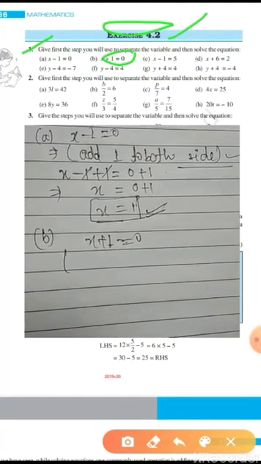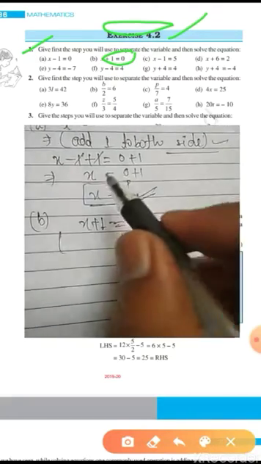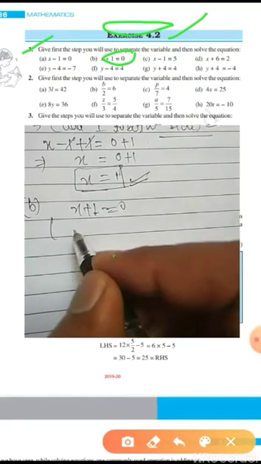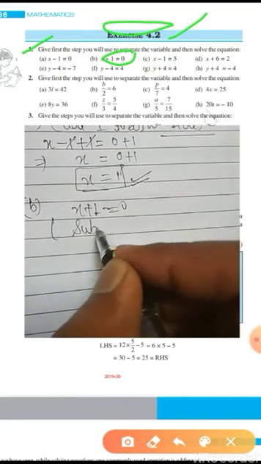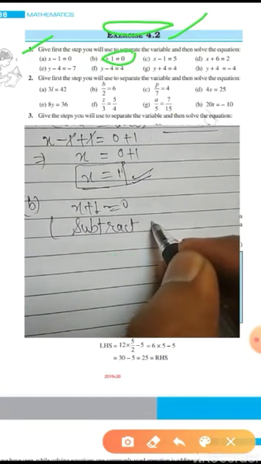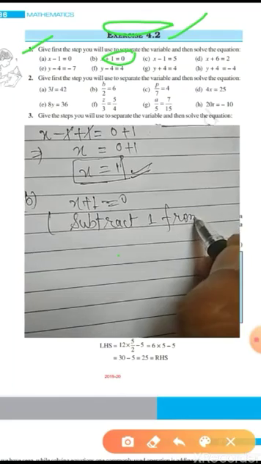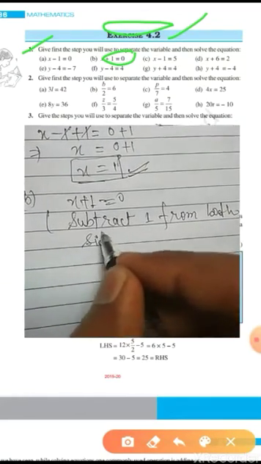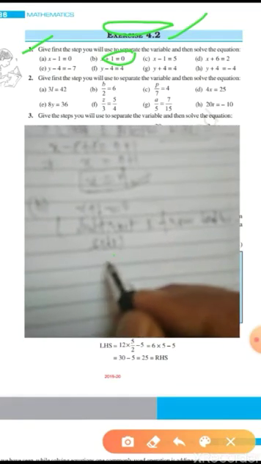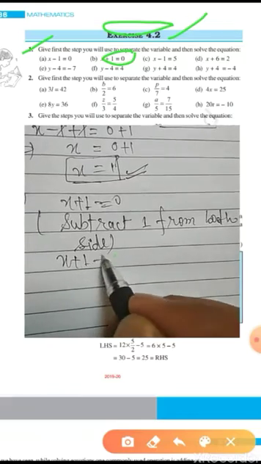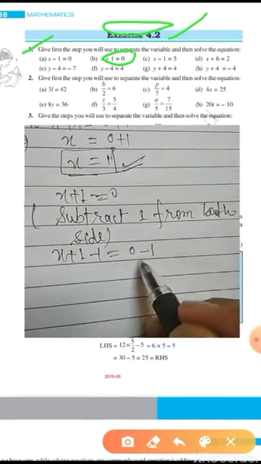This one cancels, na. If you subtract 1 from it, what will you get? Here this will become 0, only x will remain. So subtract 1 from both sides. Okay, so x plus 1 minus 1 is equal to 0 minus 1.